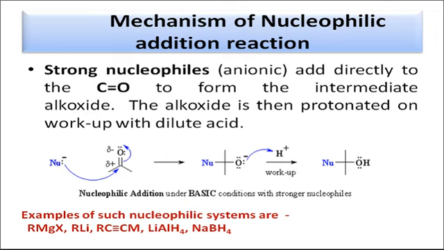So we must remember the carbonyl compounds undergo the nucleophilic addition reaction with strong nucleophiles in the presence of a basic medium in a 3-step reaction. First is the attack of the nucleophile on the carbonyl carbon atom, second is the formation of the alkoxide intermediate, and third is the formation of the final alcohol derivative as a product. So in the basic medium with a strong nucleophile, the carbonyl compounds show this type of reaction. Various types of strong nucleophiles are here.